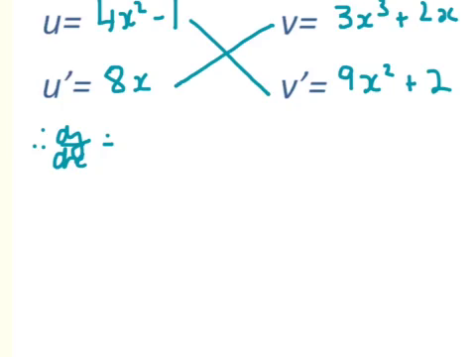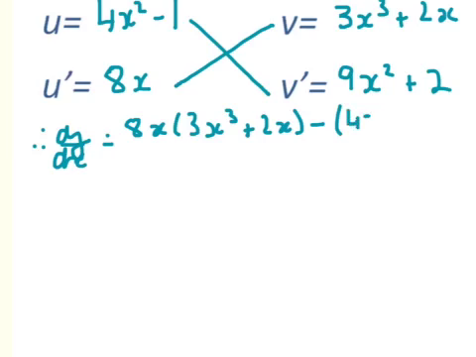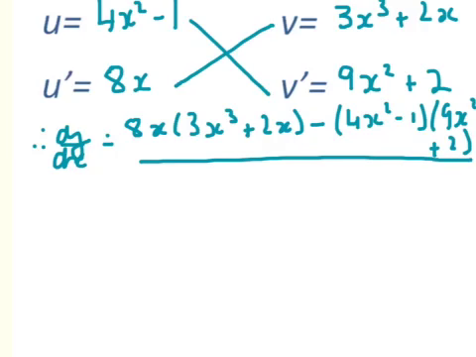I like to write the shorter of the two expressions first, 3x cubed plus 2x like that, and minus, always minus, the uv dash. So it's 4x squared minus 1 bracket 9x squared plus 2 close bracket all over v squared. Okay, now I'm not going to write 3x cubed plus 2x just yet, all squared down there, no need to.